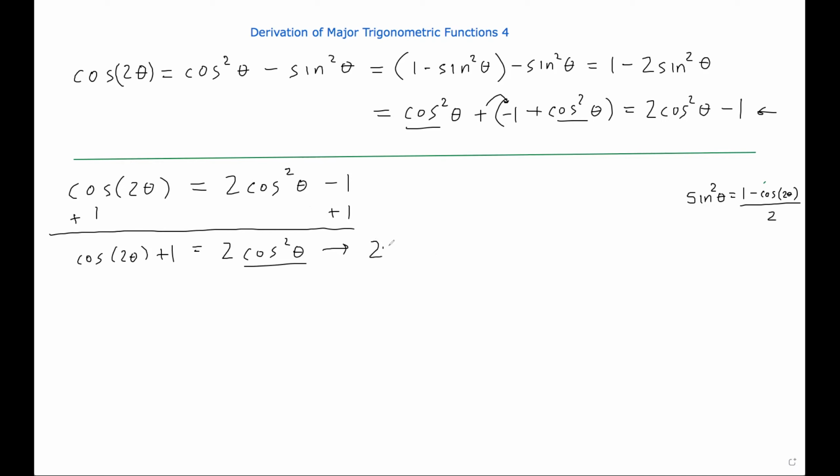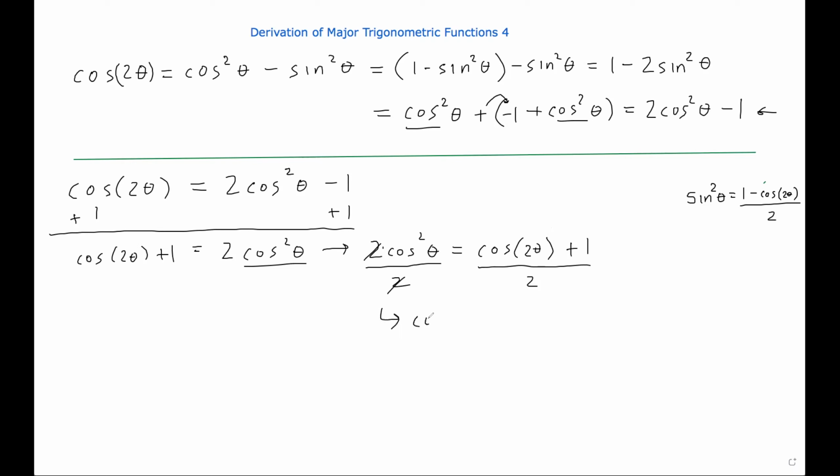So let's write 2 cosine squared theta equals cosine of the double angle, twice theta, plus 1. And all we have to do now is just divide out this 2. Since that's positive, the signs don't flip, they stay the same. So the 2's on the left cancel.